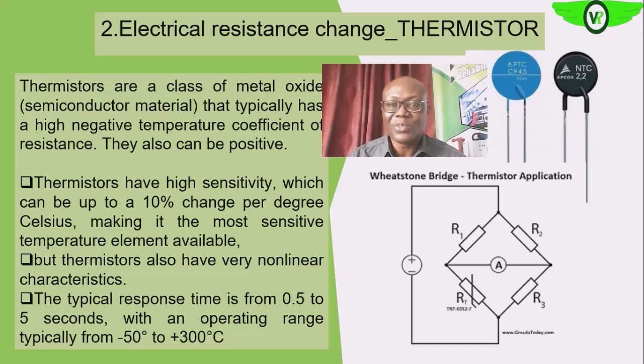Like the RTD, their resistance will change with temperature, but they are mostly negative coefficient sensors. They can also be positive coefficient, which means their resistance could also rise with increasing temperature.